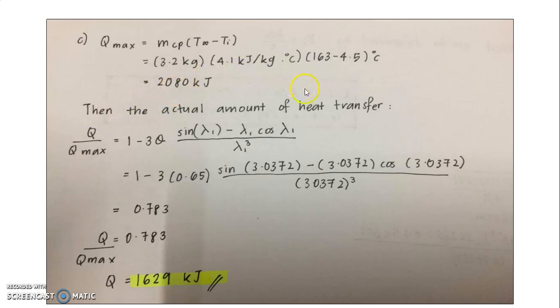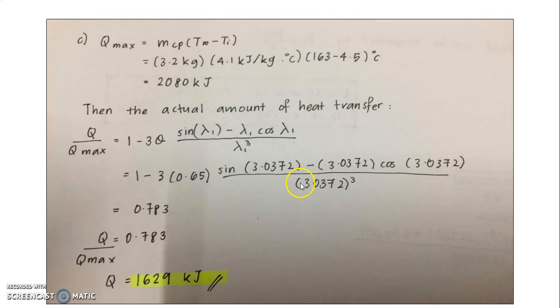Then, the actual amount of heat transfer can be determined by Q over Q max is equal to 1 minus 3 (sin λ minus λ cos λ) over λ cubed.